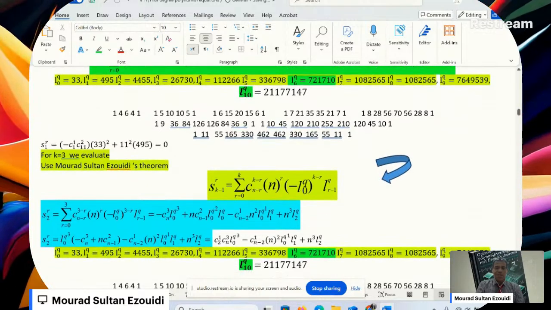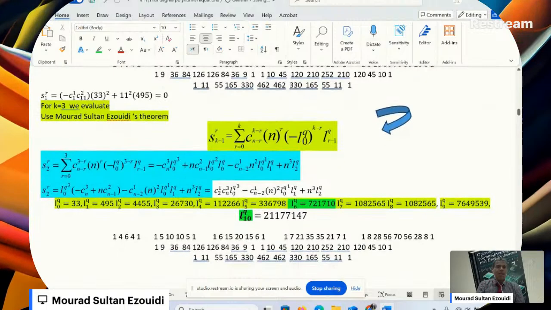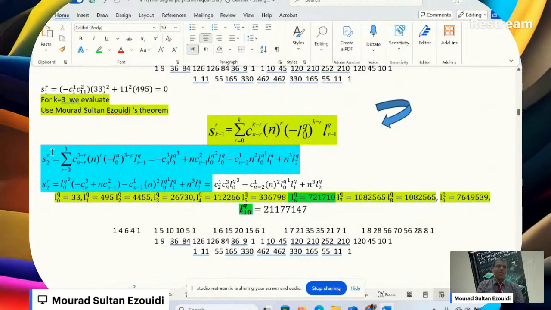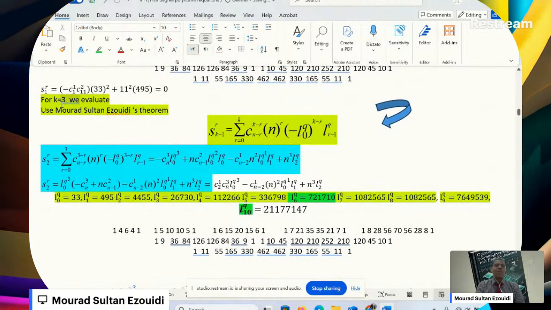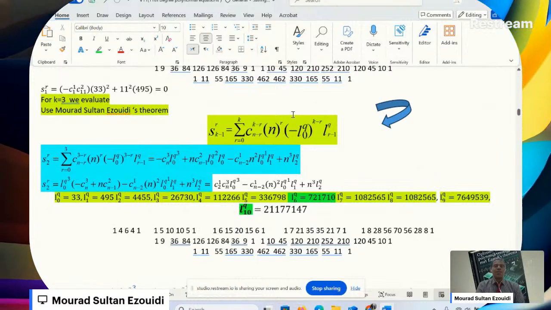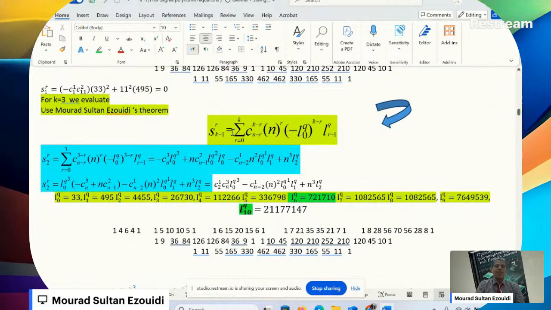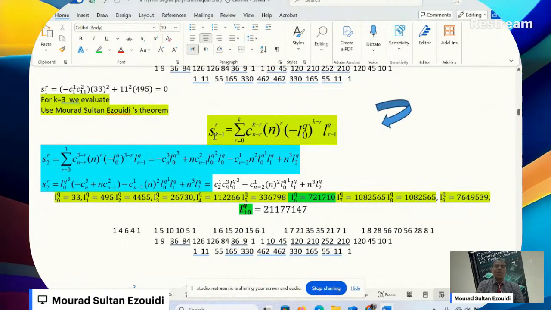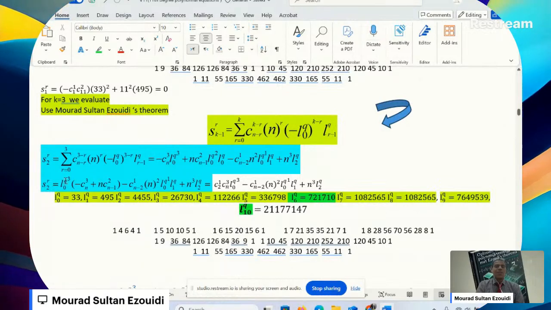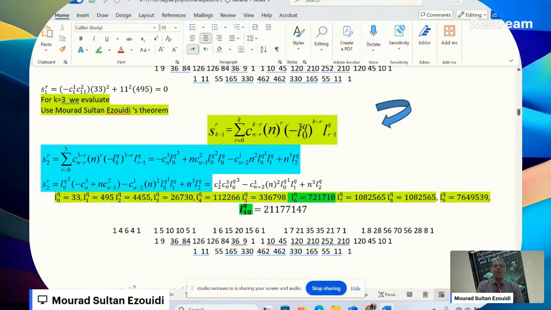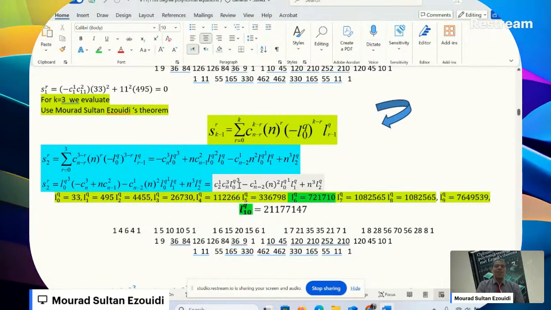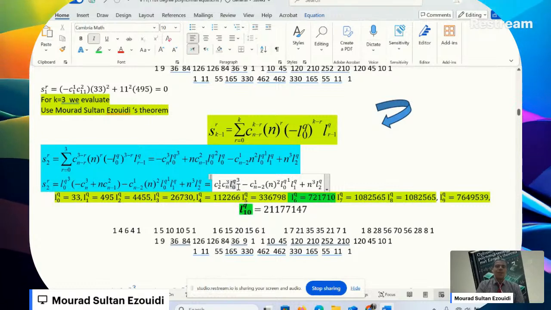Professor Mourad Sultan Ezouidi explains that to get S2, just go to his formula, his theorem, and put k equal to 3. This is the formula, the theorem of Mr. Mourad Sultan Ezouidi. Write k equal 3. You will get 3 minus 1, which gives you S2. Then make the expansion and write it in its simplest form.